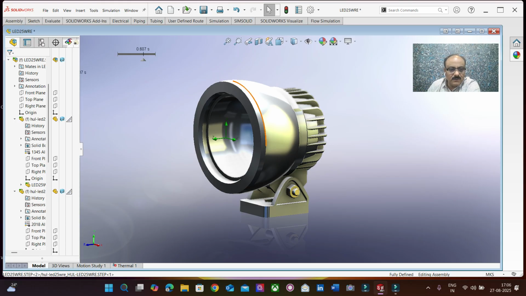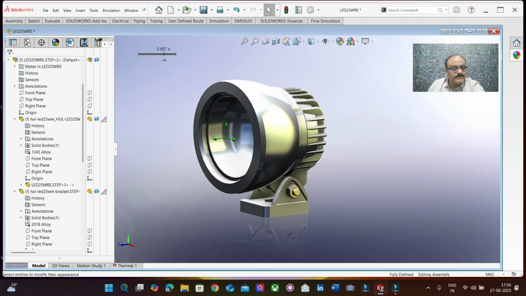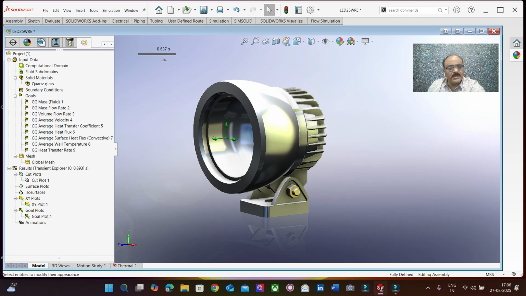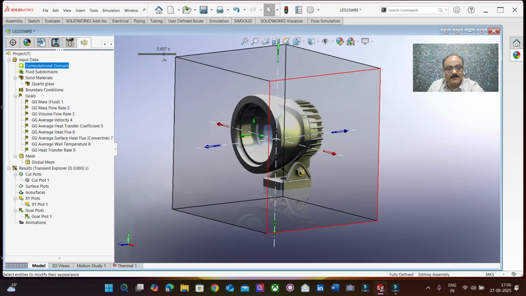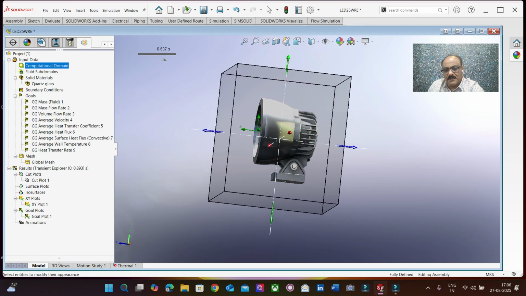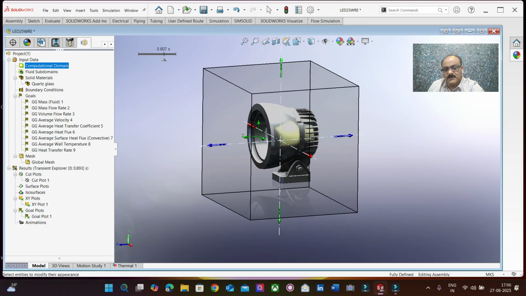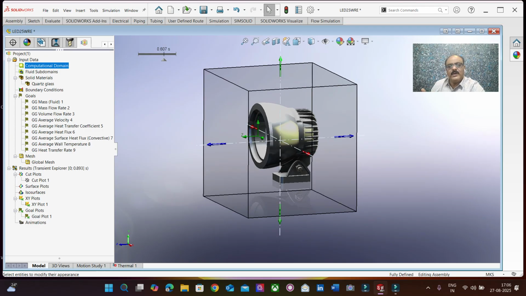So we are going to define the computational domain. This is going to be the computational domain, and we can always think about who exactly is deciding the computational domain, or what exactly are the parameters that decide it.